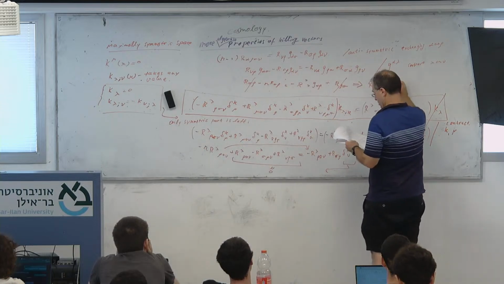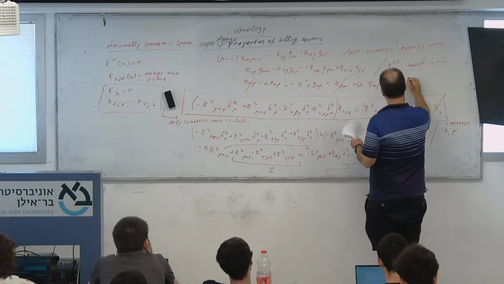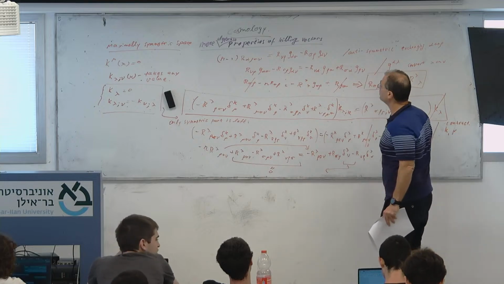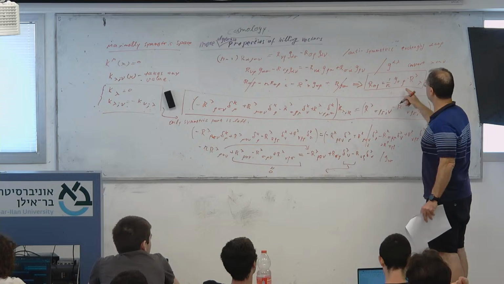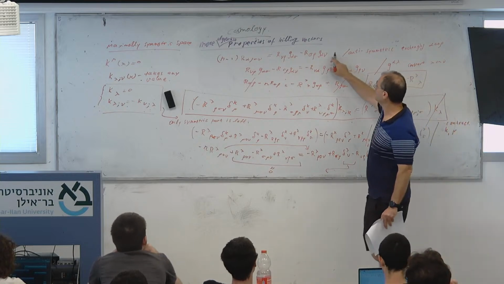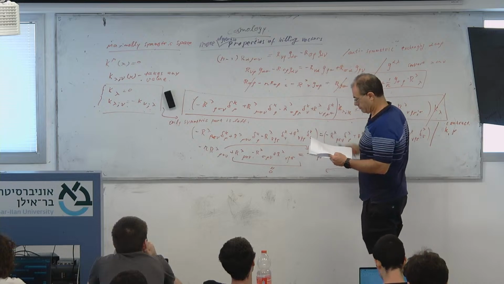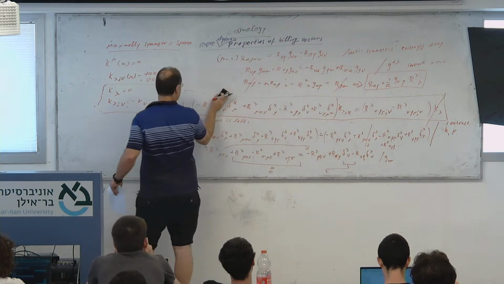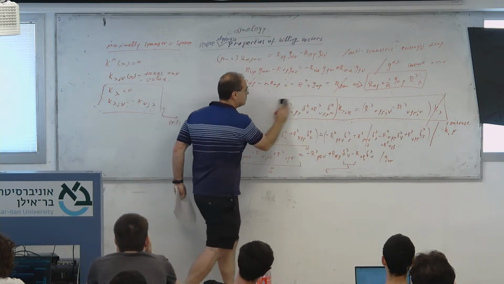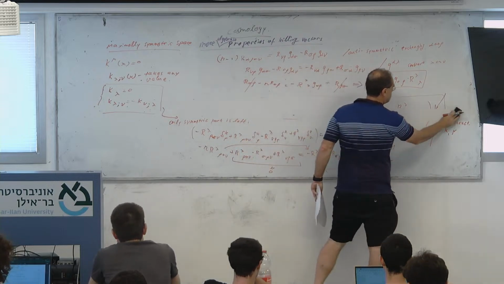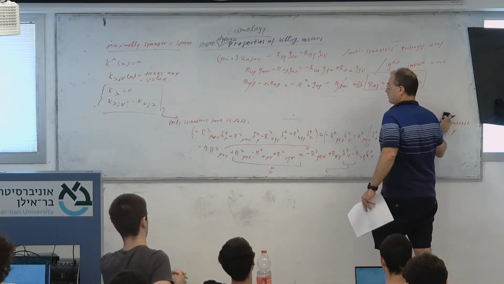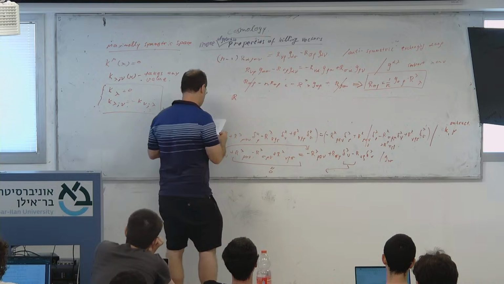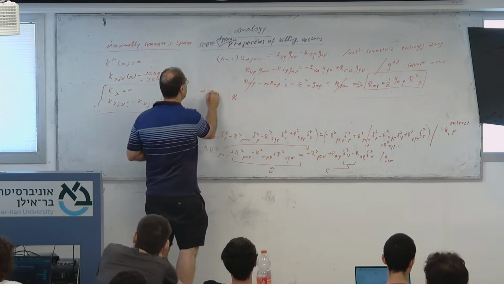1 over n times G sigma rho times R lambda lambda, which is scalar here. So I plug it in here. And I get the Riemann tensor. Again, I'm changing now alpha and lambda.